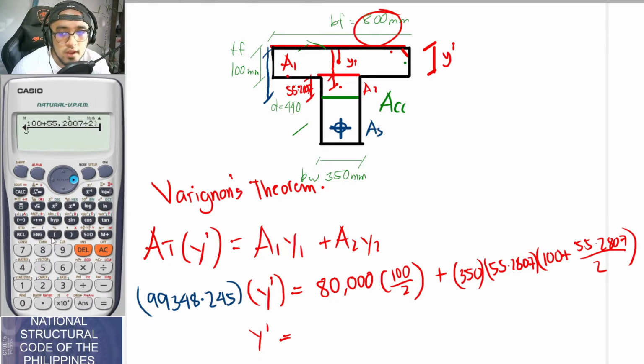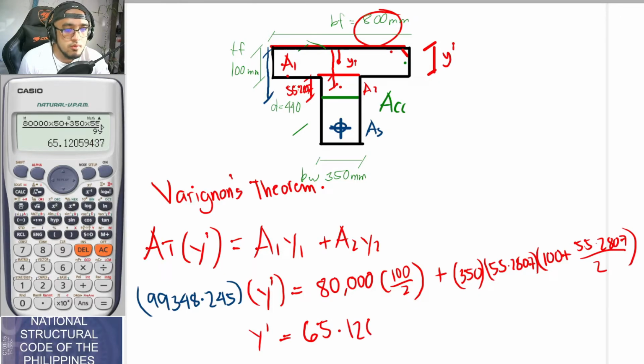So you're checking: 80,000 times 50 plus 350 times 55.2807 times 100 plus 55.2807 divided by 2, divided by 99348.245. So our answer here is 65.1205 or 65.1206 millimeters.